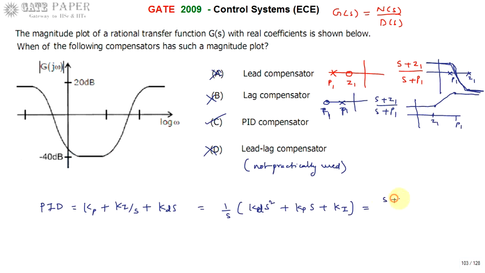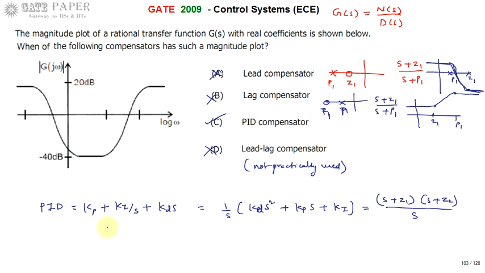So it has two zeros at z1 and z2, and a pole at the origin.